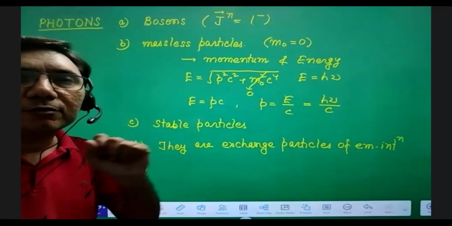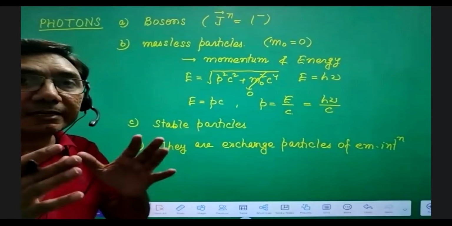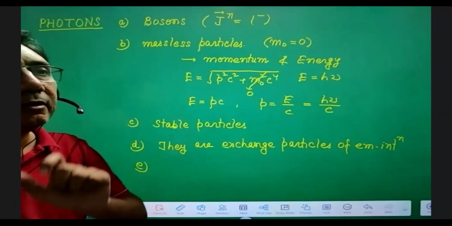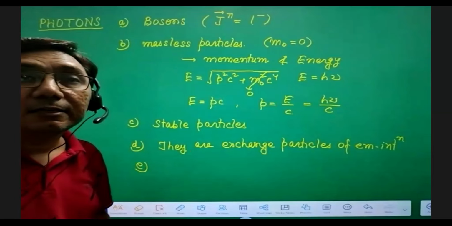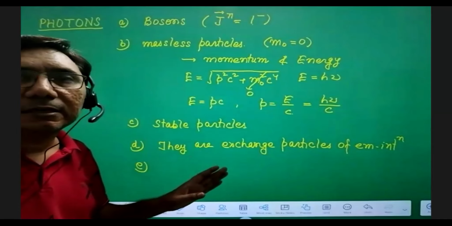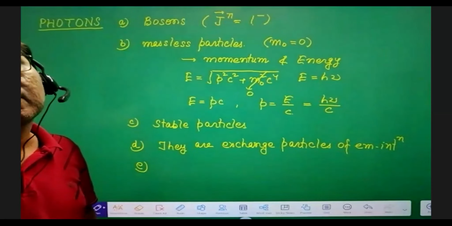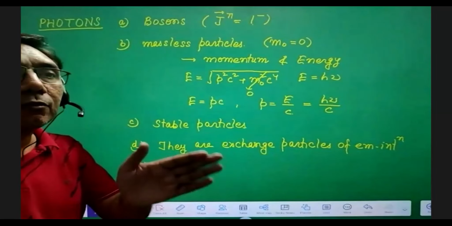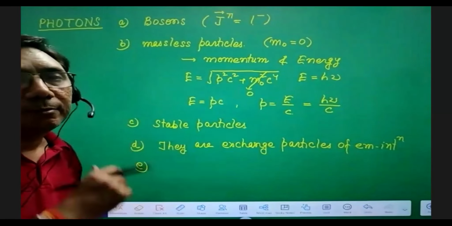If gamma is involved, it means that interaction, if possible, will be electromagnetic naturally. If in an interaction photon is involved, then that interaction, if possible, will be electromagnetic interaction.